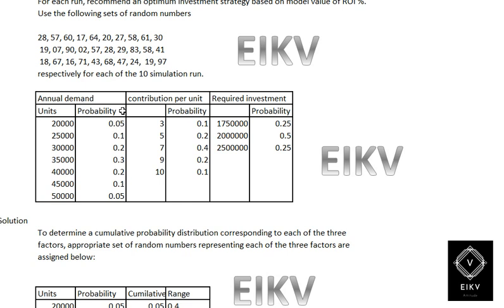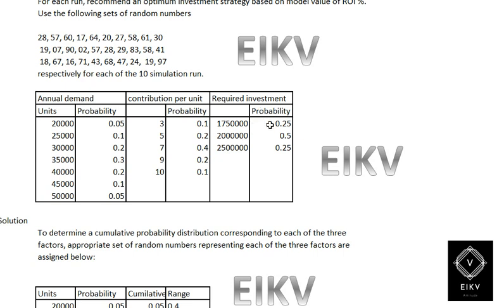Then the amount of units and the respective probabilities are given. Units are 20, 25, 30, 35, 40, 45 up to 50,000, with respective probabilities 5, 10, 20, 30, 20, 10 and 5 percent. Then contribution per unit will be 3, 5, 7, 9 and 10, and the respective probabilities will be 0.1, 10, 20, 40, 20 and 10.